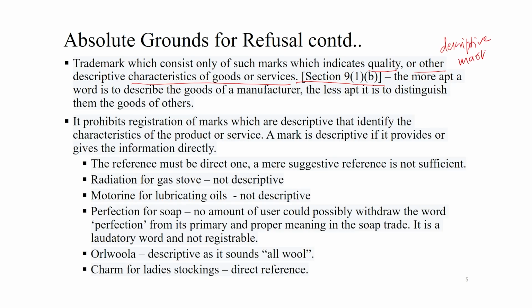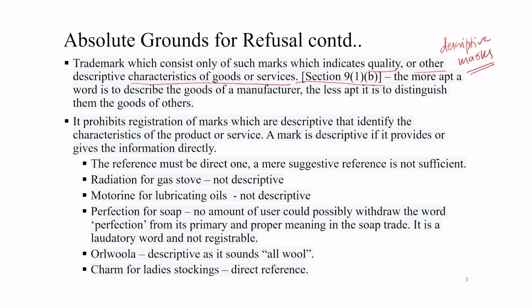Descriptive marks are not registerable. The more apt a word is to describe the goods of a manufacturer, the less apt it is to distinguish them from the goods of others. So, the better a word describes your goods, the lesser are the chances for that word to be considered as a trademark fit to be registered.